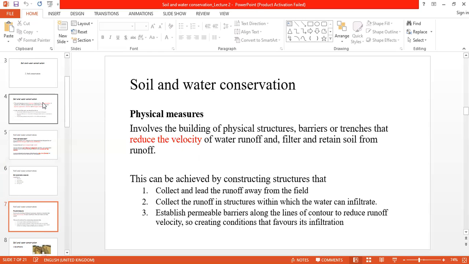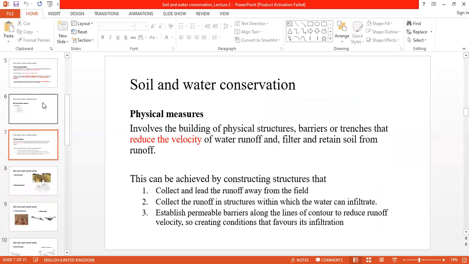As you know, the higher the speed of water, the more soil it will remove. So mainly the principle here is the principle of reducing the velocity of water. If you reduce the velocity of water, then the water will not have enough energy to erode the soils.